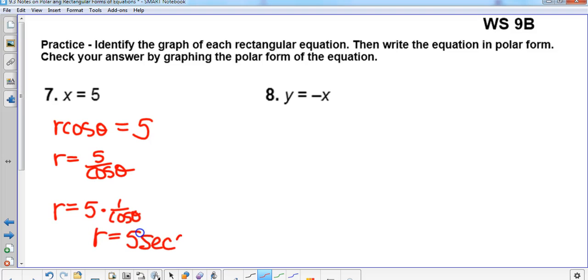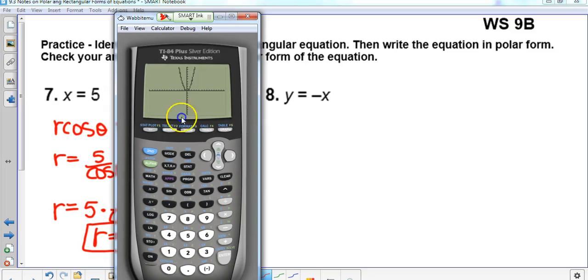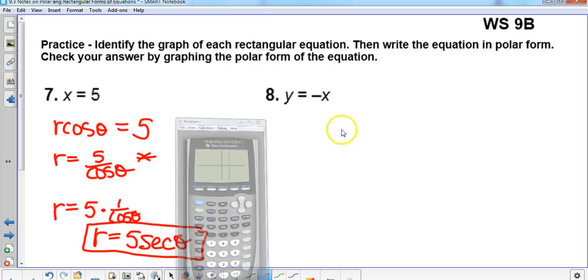So the choice on a multiple choice might say this. But when we type it in, we can just do 5 divided by cosine because we don't have a secant button. So 5 divided by cosine. Did we get a vertical line out at 5? Yay, we are good. Okay.